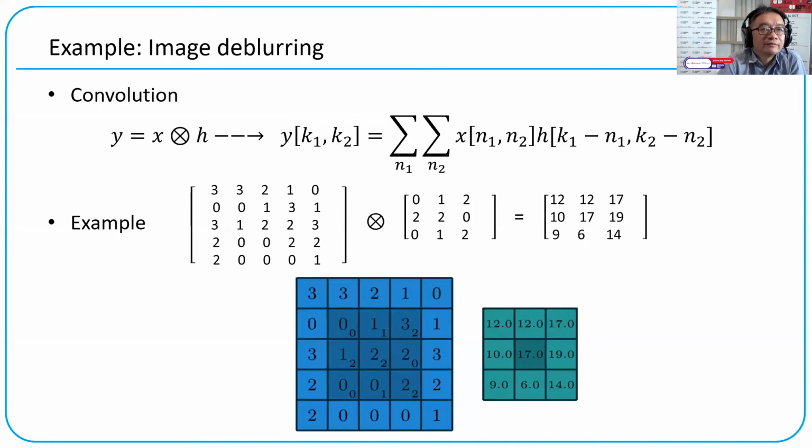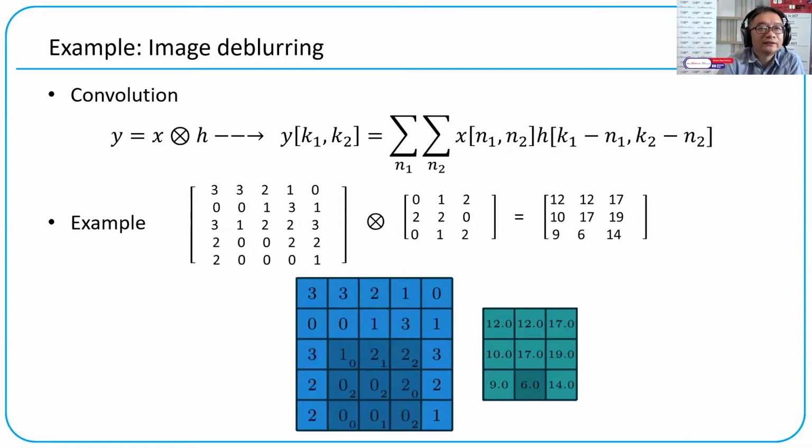Mathematically, we call this a convolution. You have the left matrix convolved with a small matrix. In image processing, we call this small matrix the convolution kernel or the blur kernel.